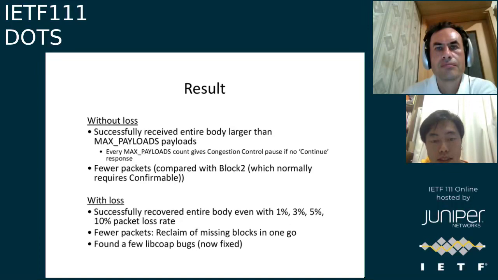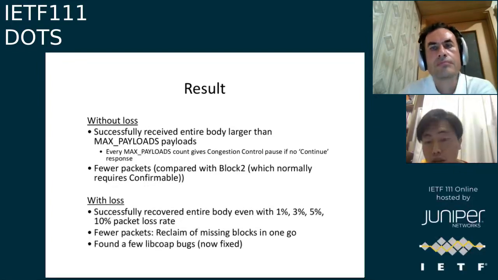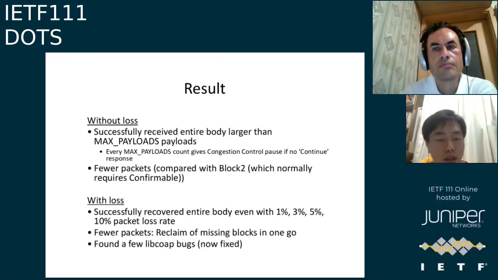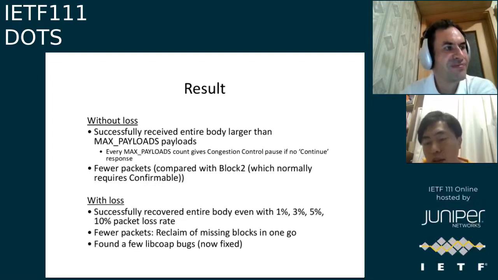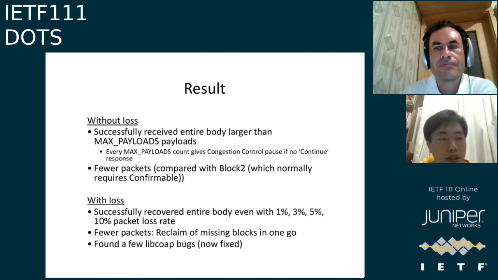With loss cases, it is surprising that it successfully recovered the entire body even with 1 to 10% packet loss rate. Also, it requires fewer packets. It means the reclaim of the missing blocks requires only one packet to indicate the missing blocks. Then we found a few libcoap bugs, but they are now fixed. However, I'd like to introduce those bugs to share the notions. Next slide, please.